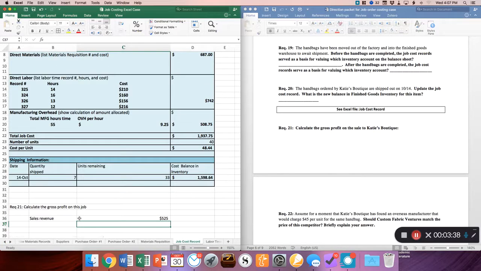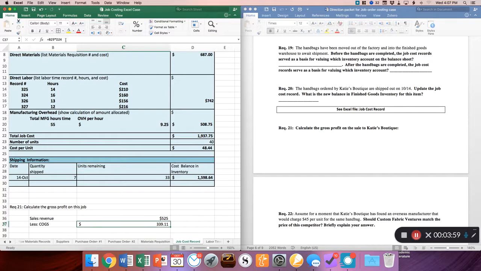And we're going to subtract out our cost of goods sold. And that's going to be 7 times the 48.44, which was 339.11.